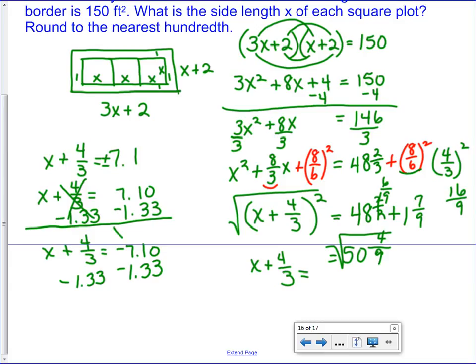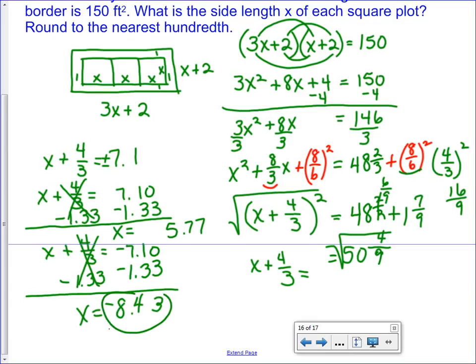Canceling this out, you end up with x equals 5.77. And solving this other equation, you get x is equal to negative 8.43. So again, these are the two x-intercepts of the graph of this equation.